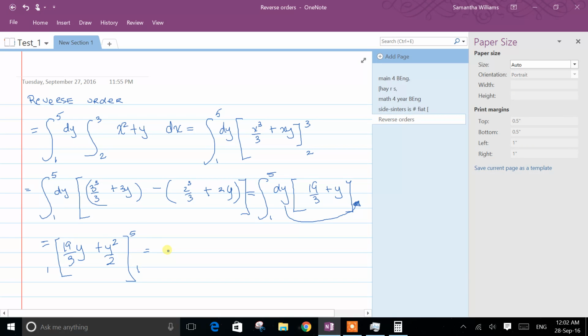So we have 5 times 19, which is 95 over 3, and 5 squared is 25 over 2, minus, putting in the lower limit for the y value, which is 1, 19 over 3 plus 1 over 2.